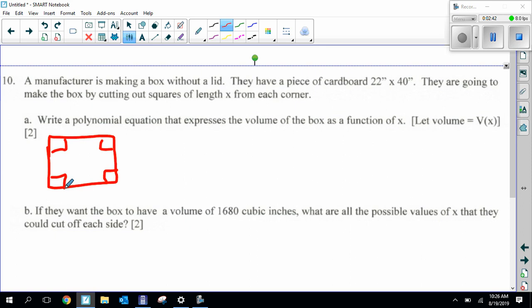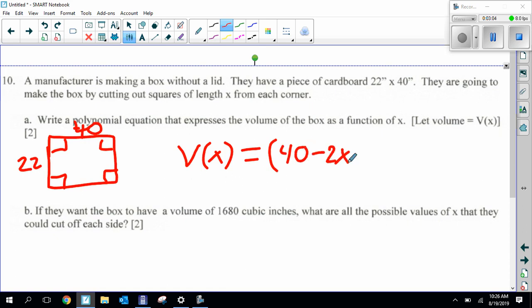So since this is a 22 by 40, we're going to subtract x from both sides because you cut it off of both sides. So our volume equation, it's got a length and width of 40 minus 2x, and then 22 minus 2x because you cut it from both sides.